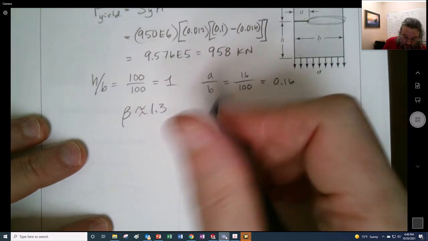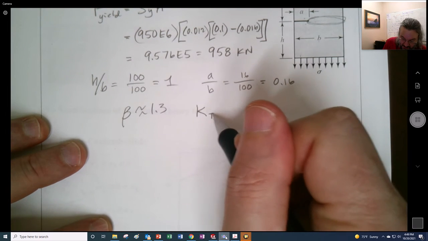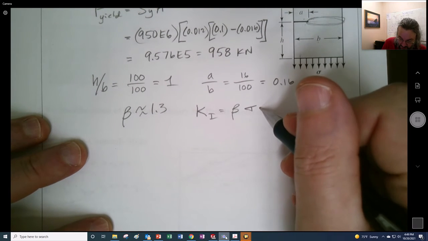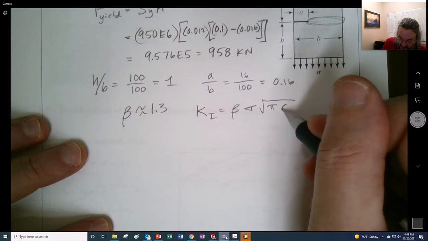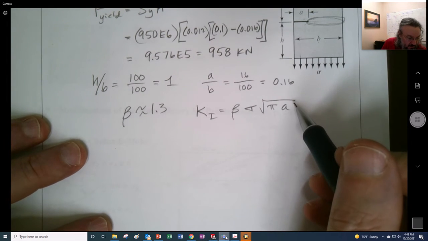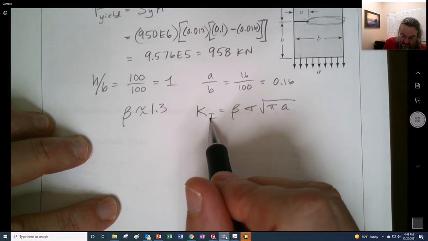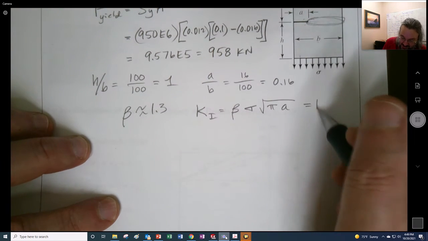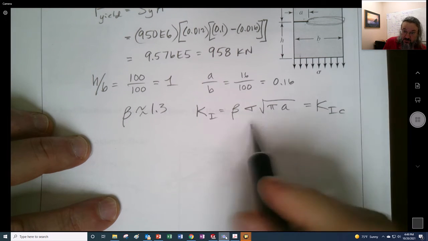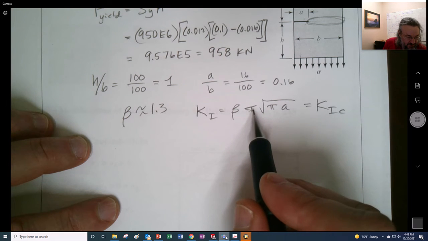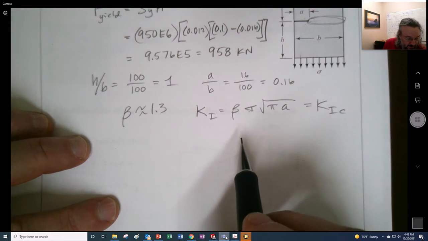So we know that we're going to use the stress intensity calculation, this right here, square root of pi a. I know that when this equals the critical one, we're going to have failure. So we're going to need to find what the force is going to be right here.